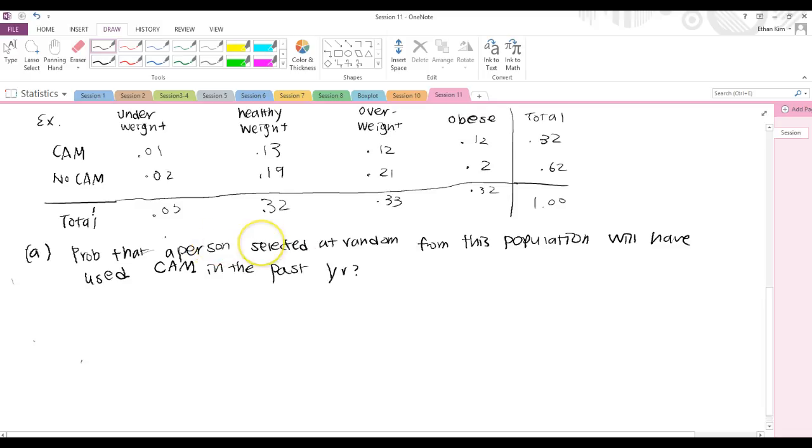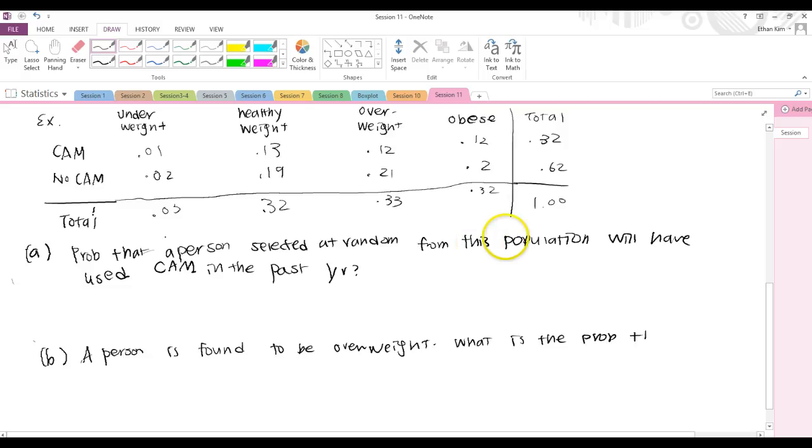Okay, that's part A. Part B: a person is found to be overweight. What is the probability that this person used CAM in the last year?